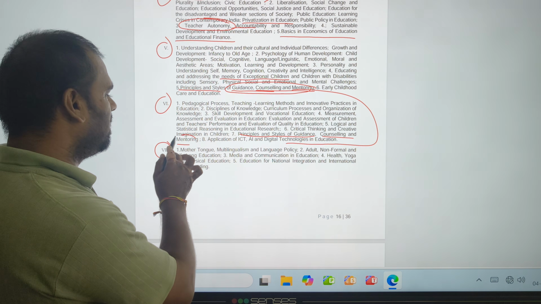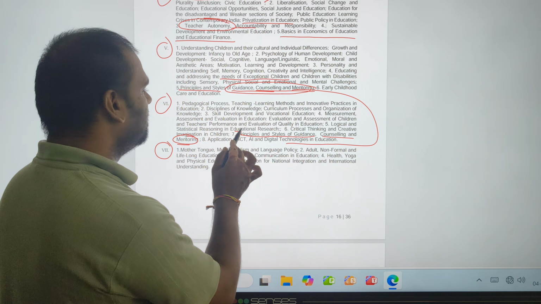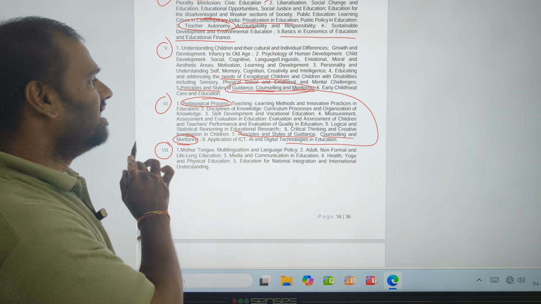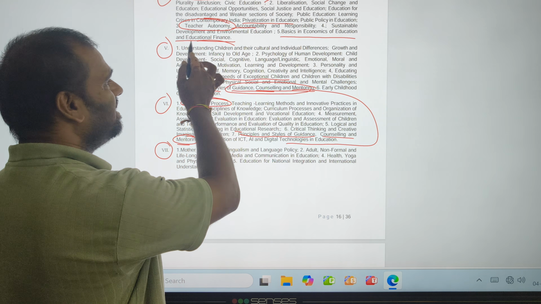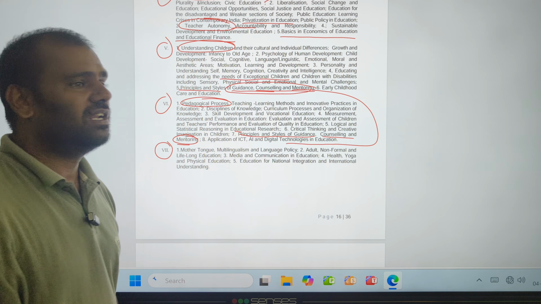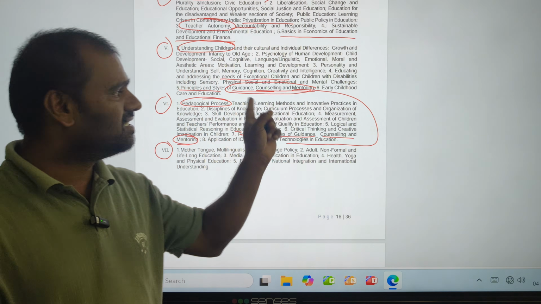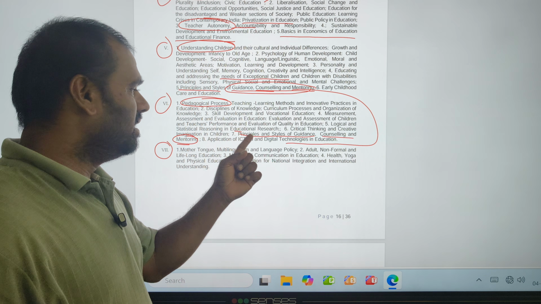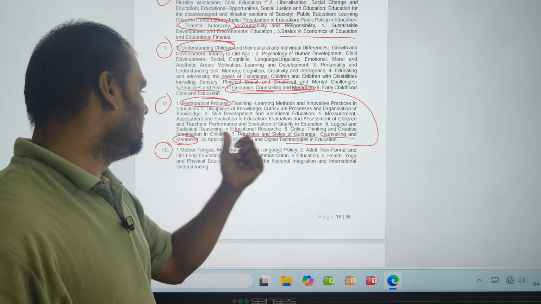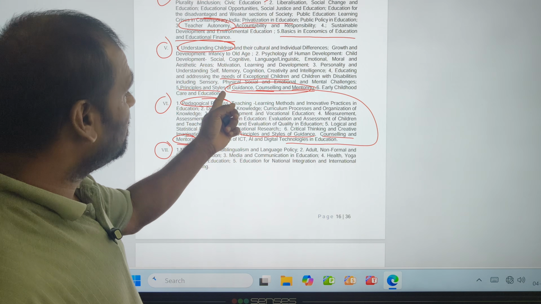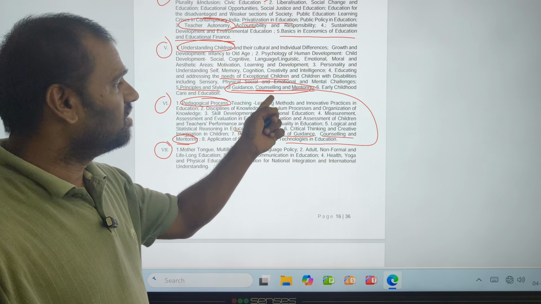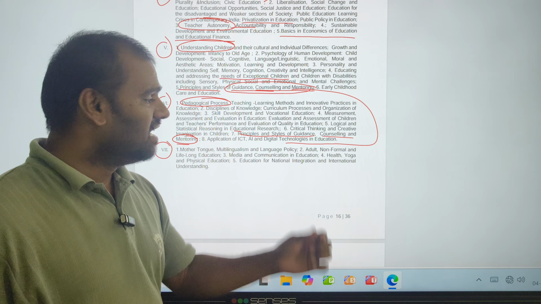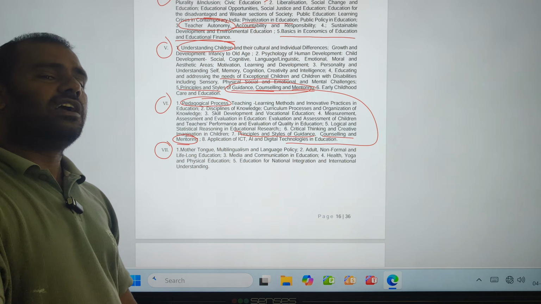Okay, here also we have the same topic, but here with respect to understanding children, and there with respect to pedagogical processes. Very much important. So the same guidance, counseling and mentoring is there and here also it is there.